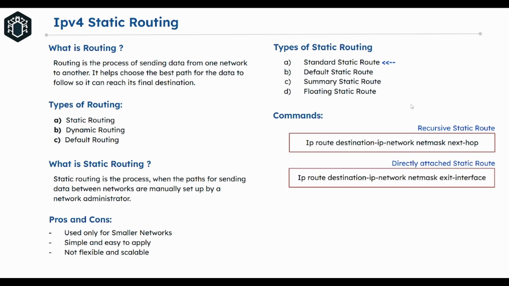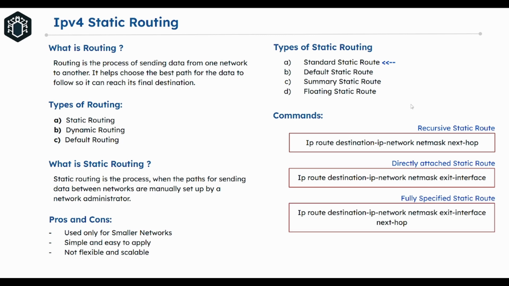The second type is the directly attached static route. Here we specify the destination IP network, subnet mask, and the exit interface. This tells the router to send the packet directly out of that specified interface. And lastly, there is the fully specified static route.